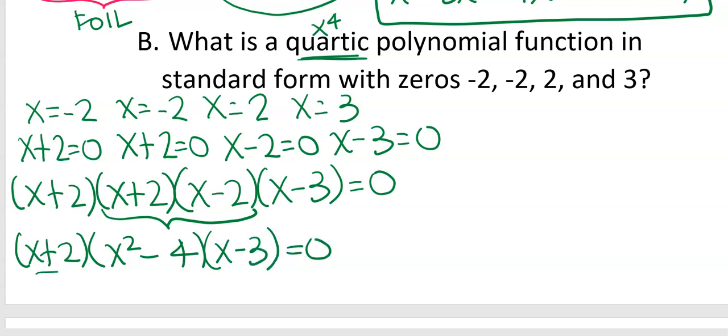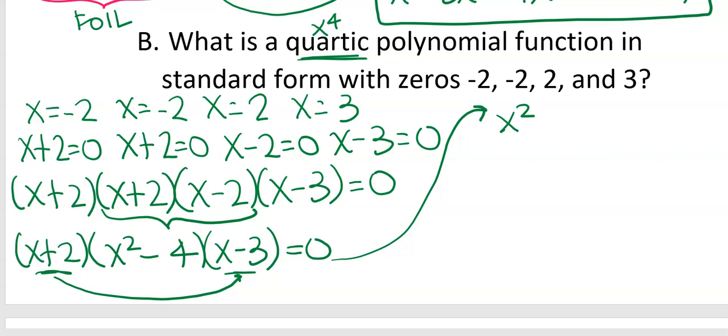The next thing I'm going to do is multiply these two, because I already know that I can do those pretty quickly without too much work. And that gives me x squared minus 3x plus 2x minus 6. And we still need to do x squared minus 4 here in a minute.